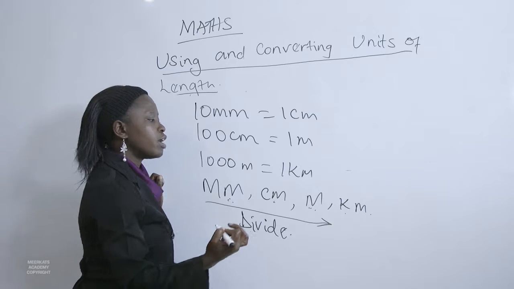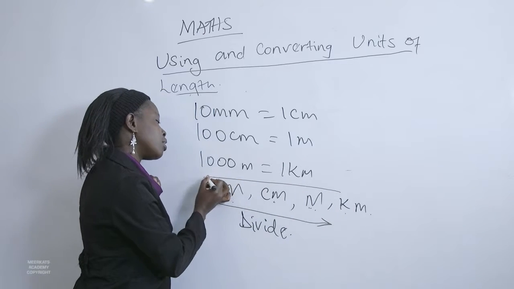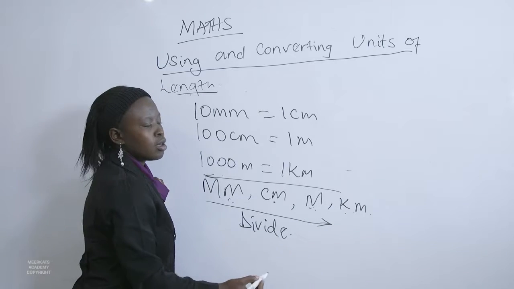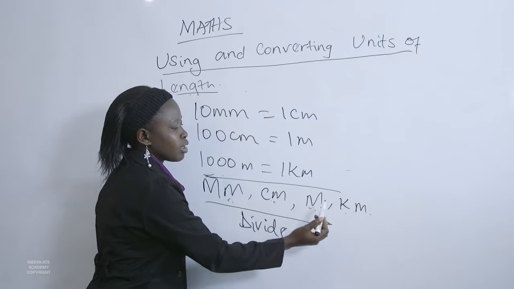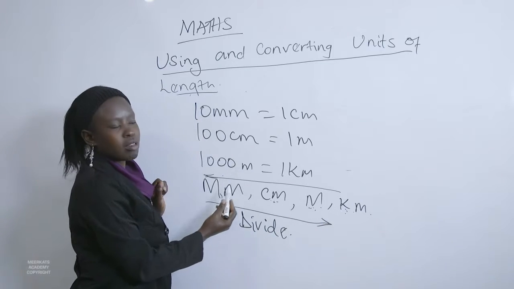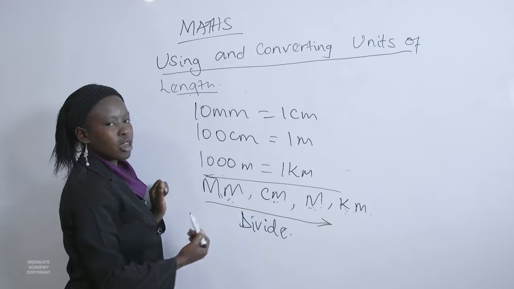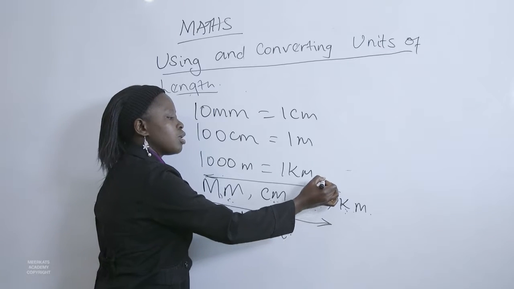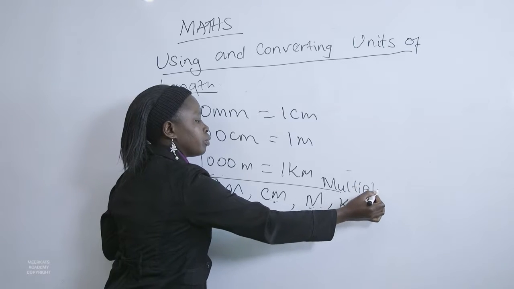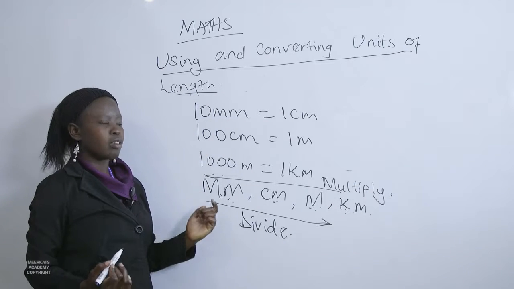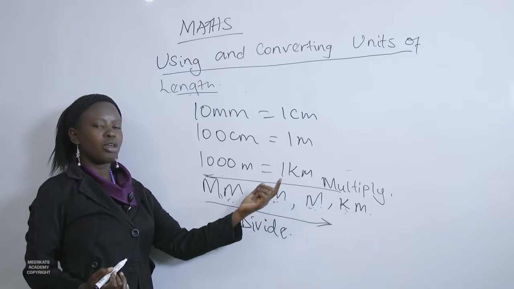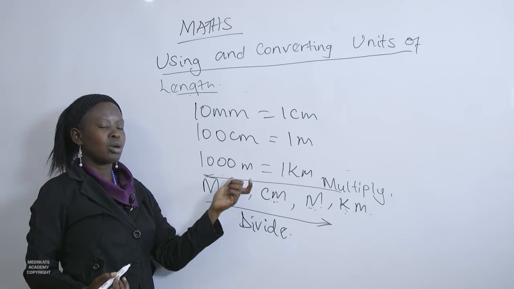Then when we are converting in the other direction, from kilometers to meters, meters to centimeters, kilometers to centimeters, kilometers to millimeters, and so on, we multiply. So from a smaller unit to a larger unit, we divide. From a larger unit to a smaller unit, we multiply.